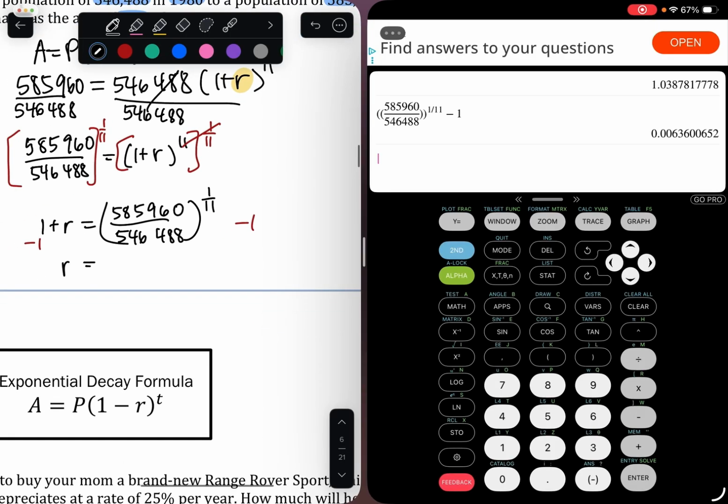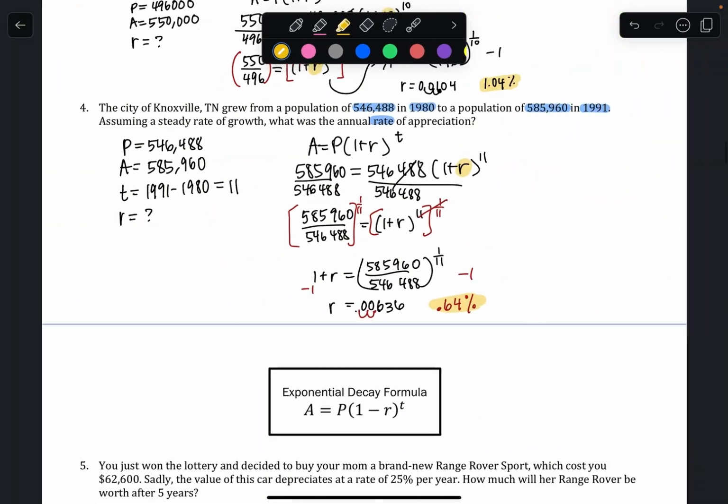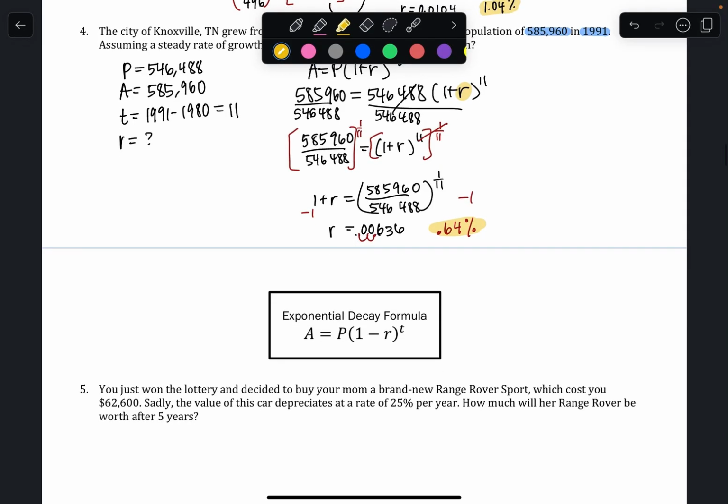Says R is 0.00636, and then we are going to move our decimal. So that is a 0.63, and we'll round that to 4%. It's a very small percentage, which is more accurate for bank accounts. They're very, very small percentages.